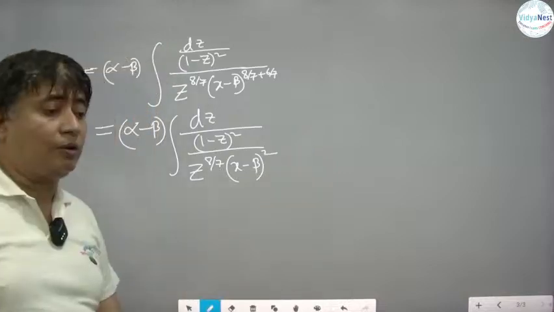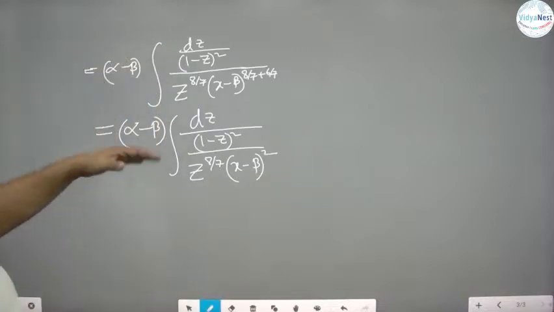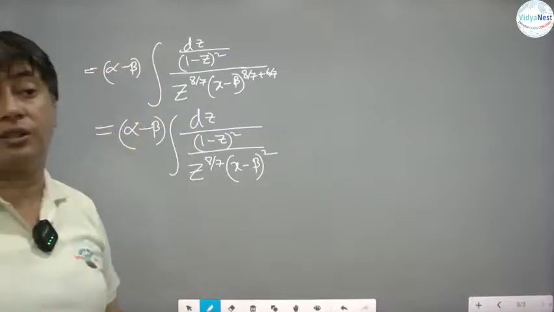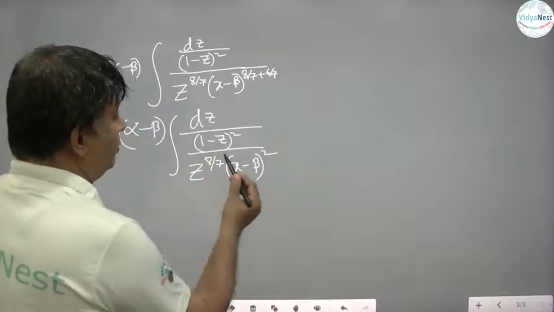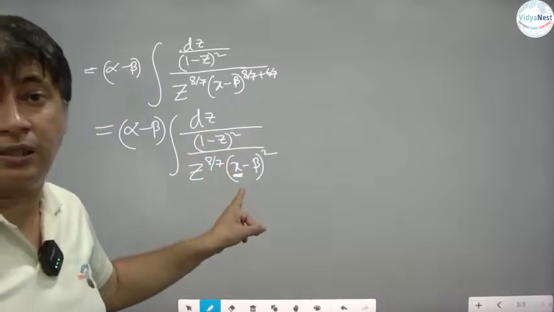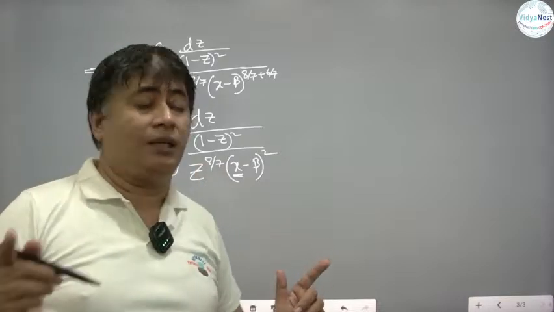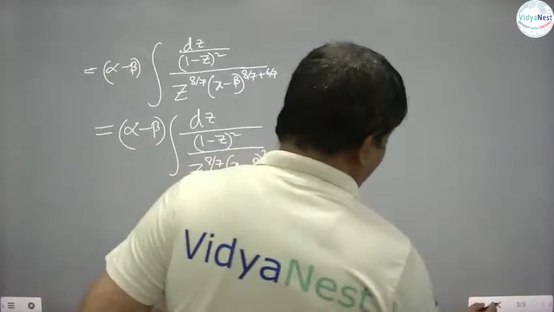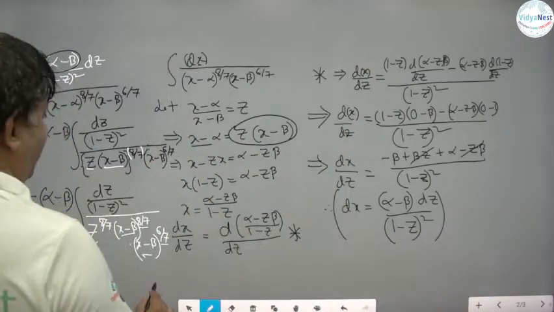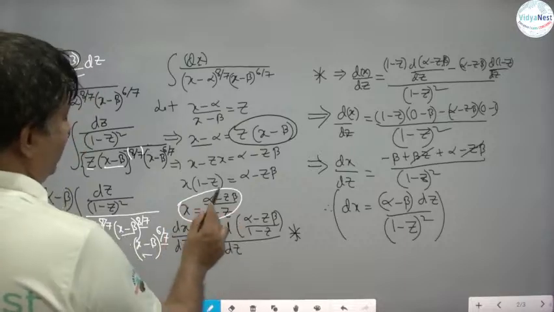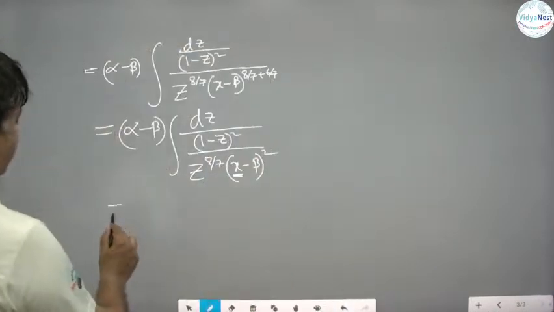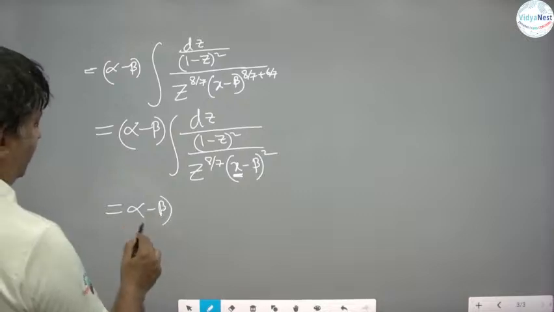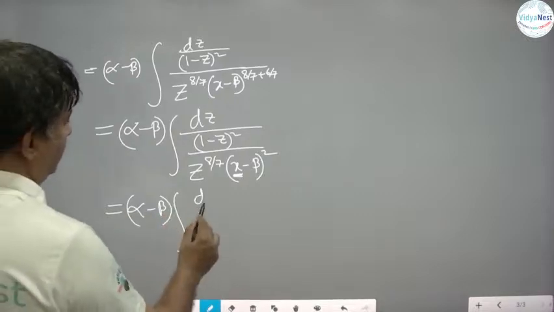So the whole integration is expressed in terms of z almost, but still one x is left. We have to remove this x and we have to write x in terms of z. How can I write? What was x? Alpha minus z beta by 1 minus z. Okay. So other parts will remain unchanged.